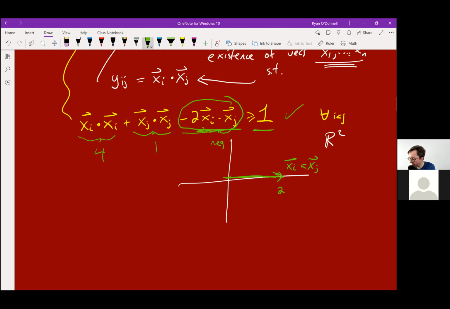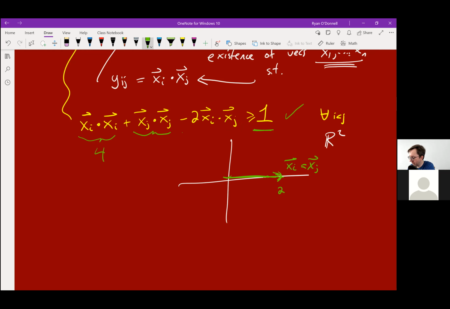What if xj were also this vector? What if they were both this vector? Then what? Sorry, it wouldn't satisfy, since xi dot xj would just be equivalent to xi dot xi or xj dot xj.